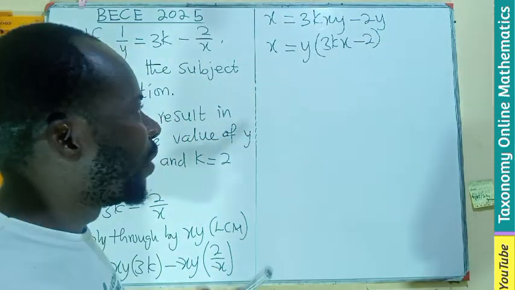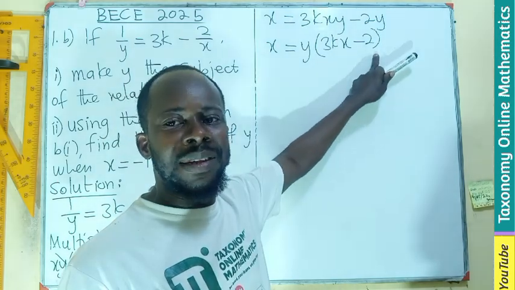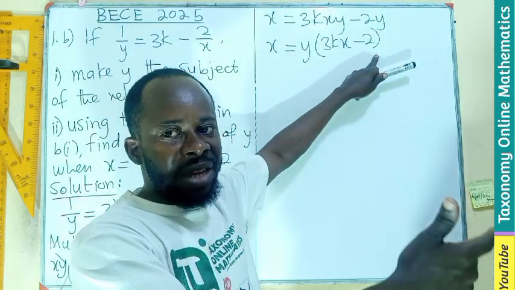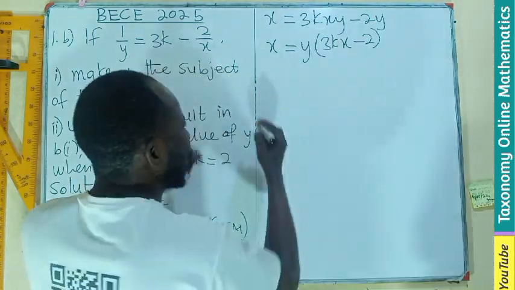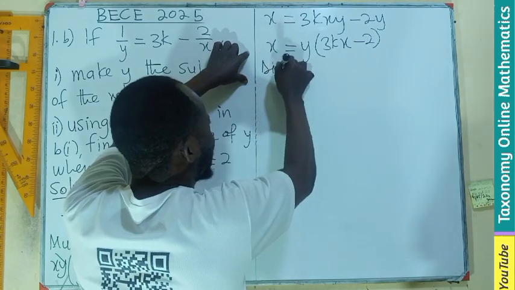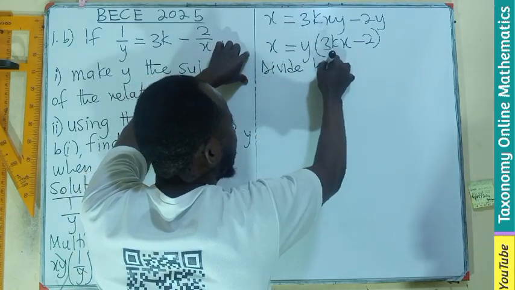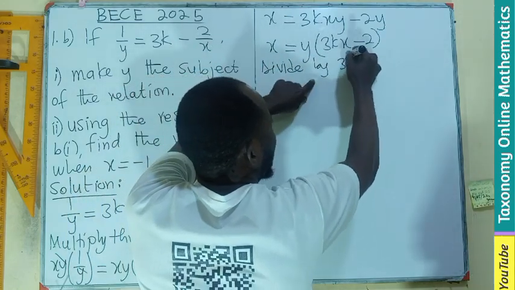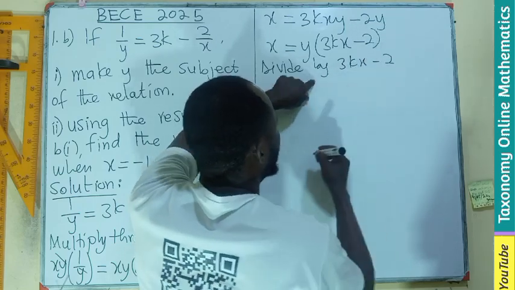So what do we do? We divide by whatever is multiplying it. That becomes the coefficient. So we divide by that. So let's divide by 3kx minus what? 2.